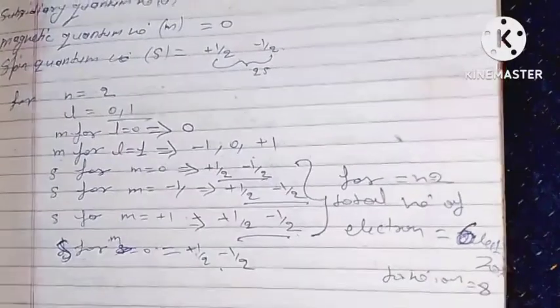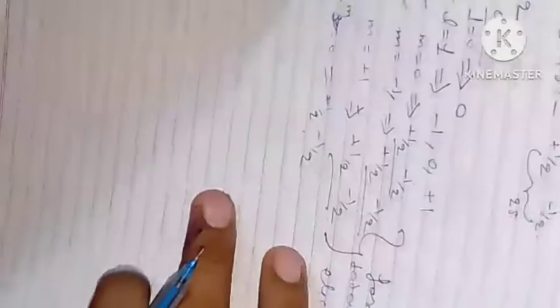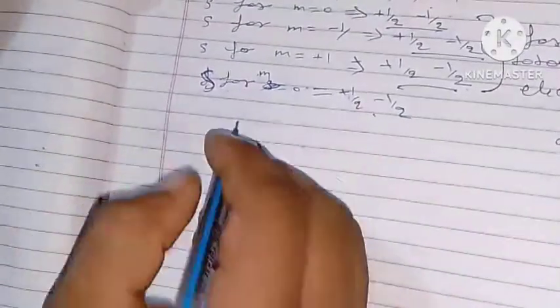Now the quantum numbers for n equal to 4.